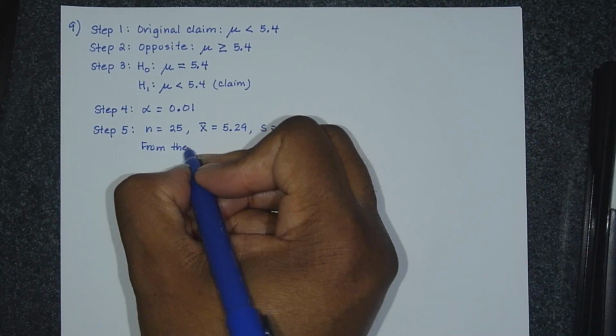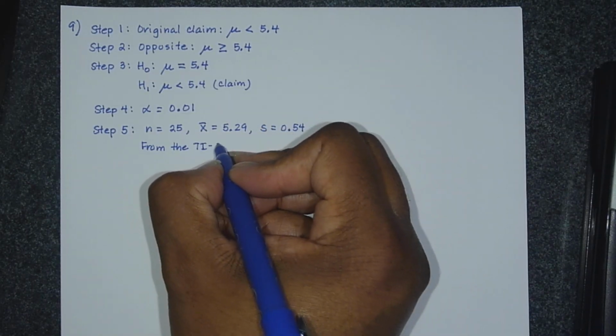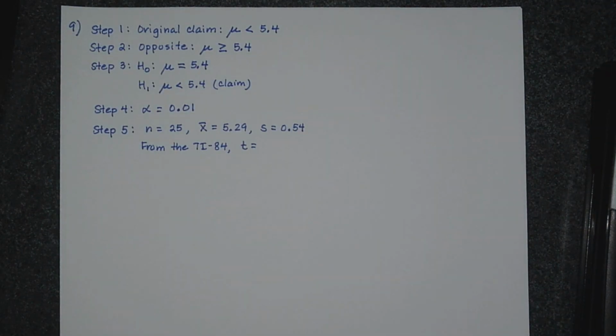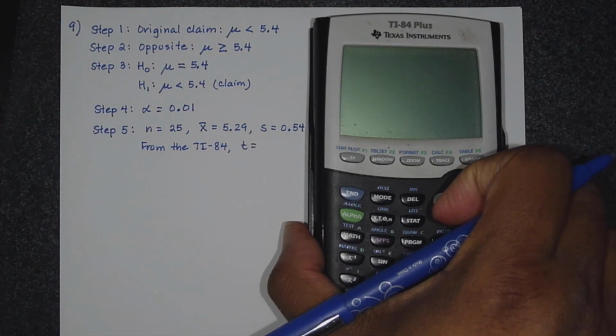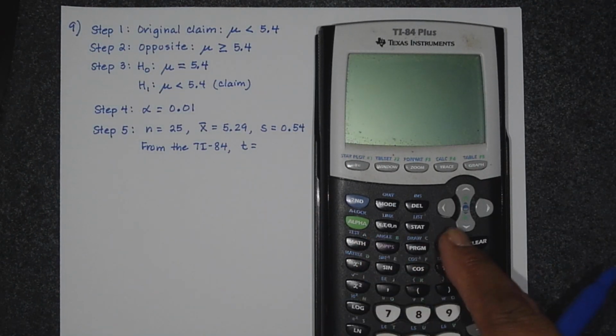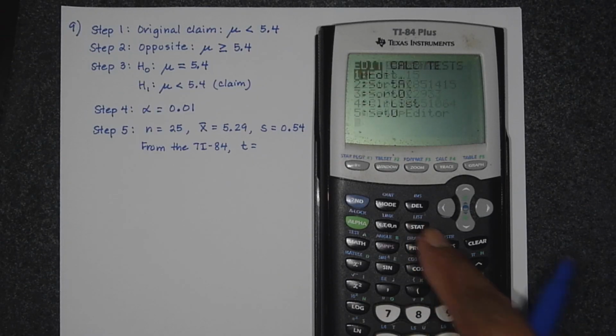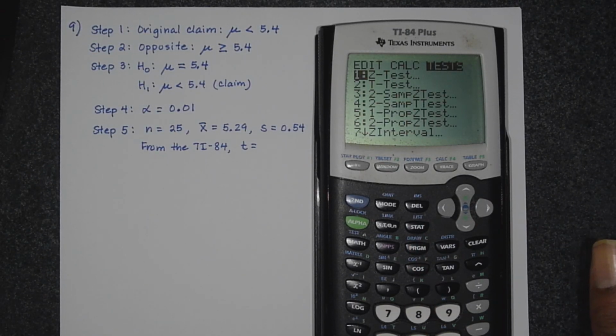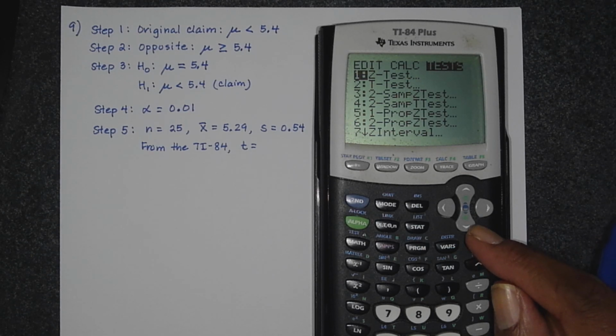So from the TI-84, we need to know what T is. So here we press the stat key, go over to test. In this case, we're going to be dealing with the t-test.